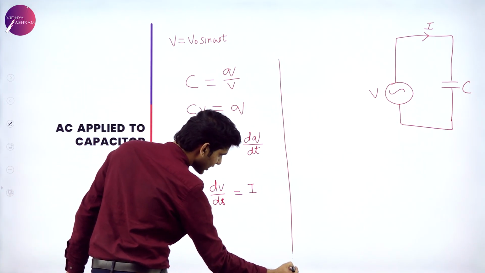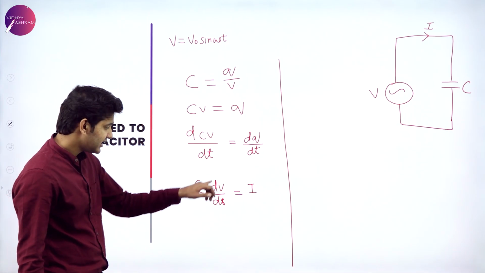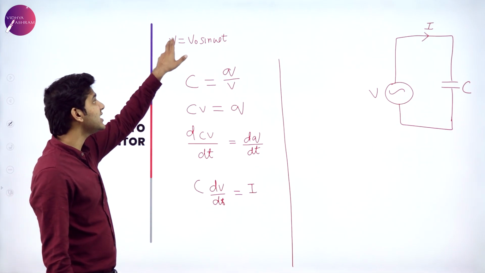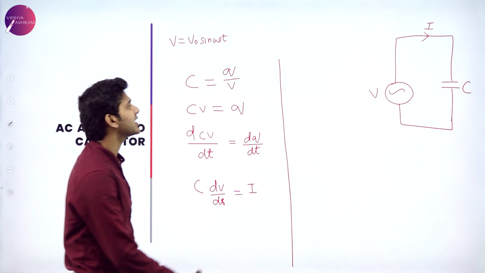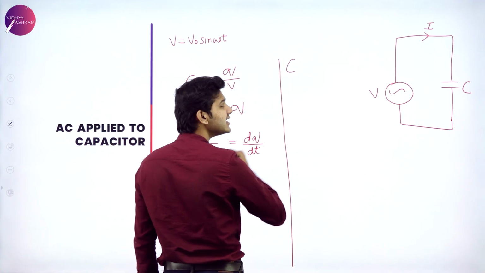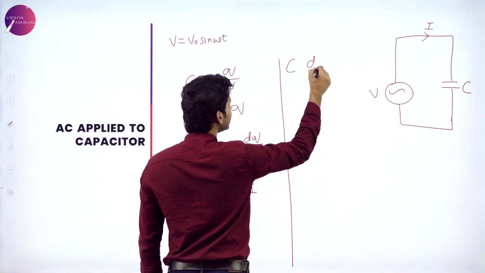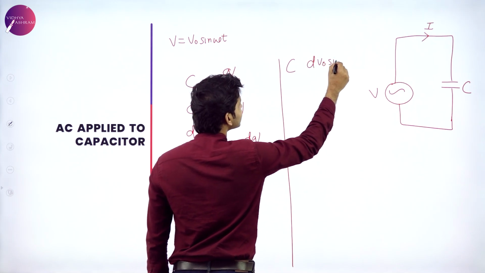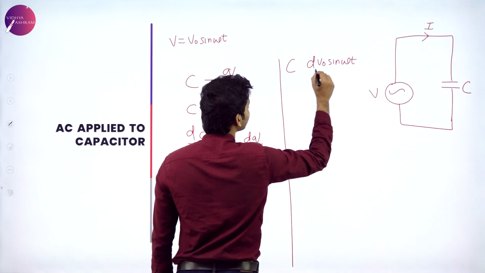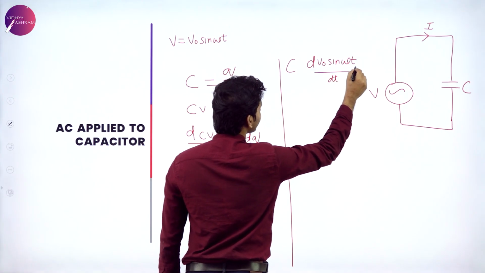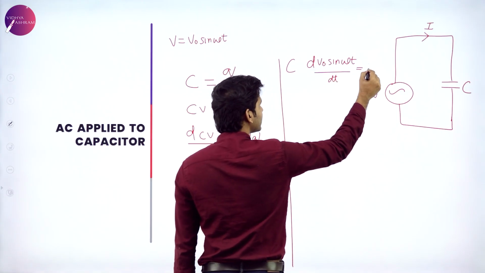Now V is equal to V naught sine omega t, so I can write C into d of V naught sine omega t divided by dt is equal to I.